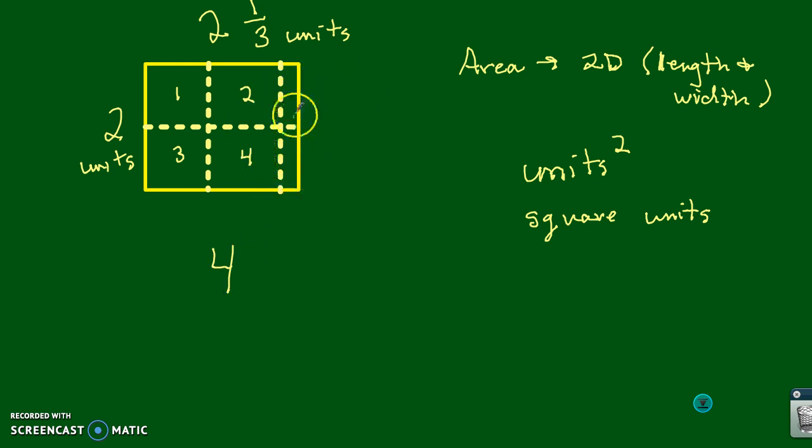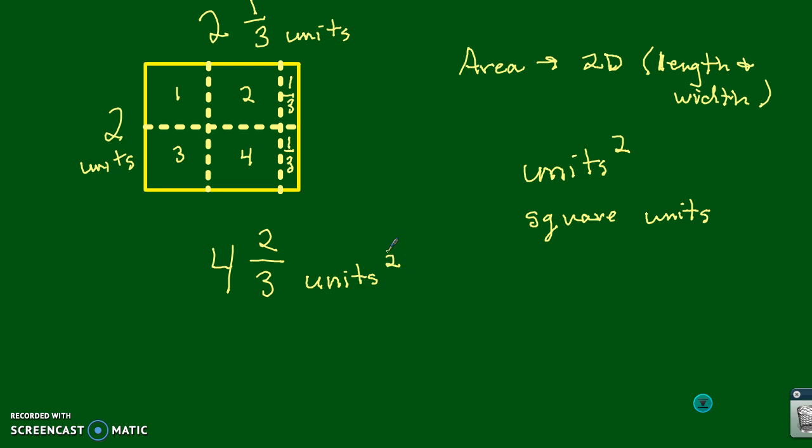And over here you can see we have partial squares. And each one of these partial squares is 1/3. So 1/3 and 2/3. So the area of this rectangle is 4 2/3 units squared.